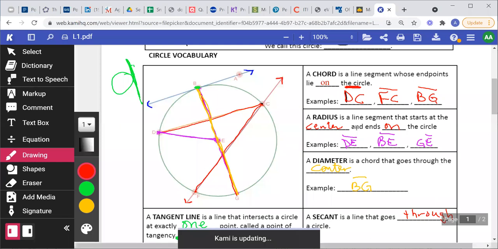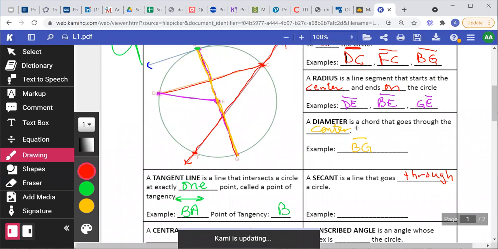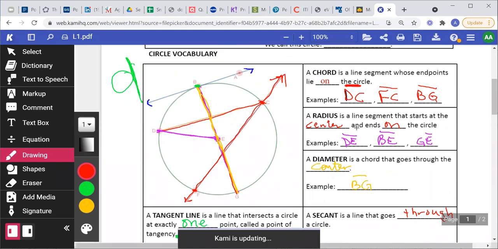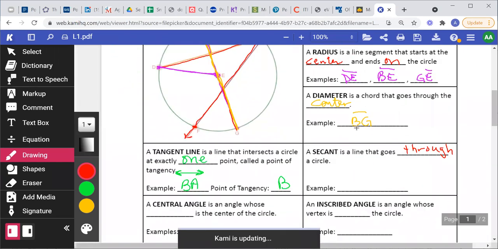As you can see, even though F has one endpoint here, it doesn't end there, it still goes beyond. C just touches the circle here, but it still goes beyond, okay? FC is a chord and at the same time a secant because it has its endpoint on the circle and also goes beyond the circle.